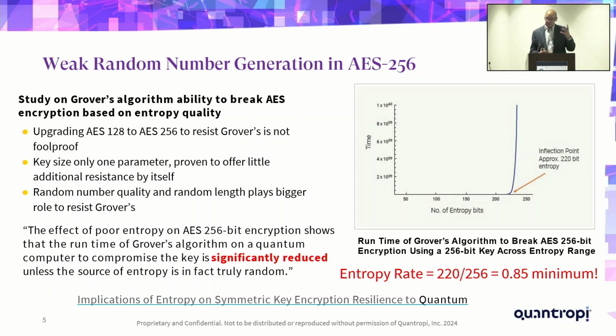And to put that in perspective, when you start to look at a random number source, one of the things they provide is the entropy rate, right? Which is the number of entropy bits over total bits, right? Simple math, or division, even I can do it. But what's interesting about that is NIST doesn't set a floor during a certification. They just say you have to specify it, and you have to be able to prove you can at least achieve that rate.